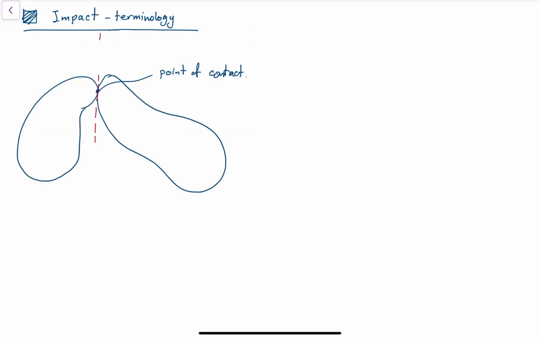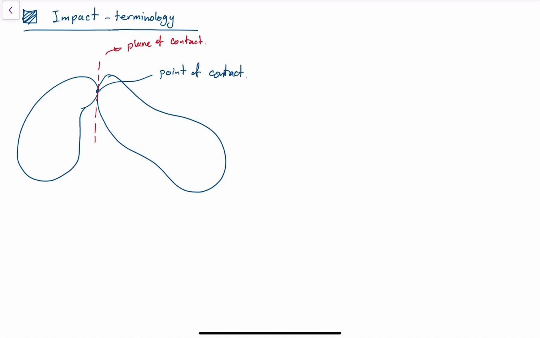Like this. Oh, I missed one line. All right. The plane that is tangent, or the common tangent at the point of contact, is called plane of contact. And that is a plane that normal forces are perpendicular to.